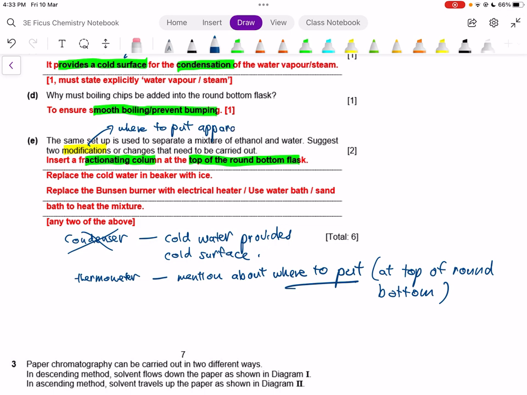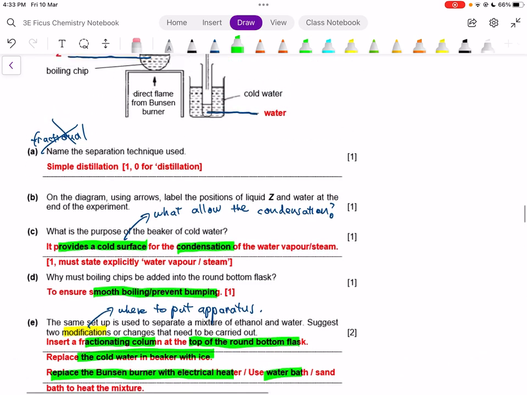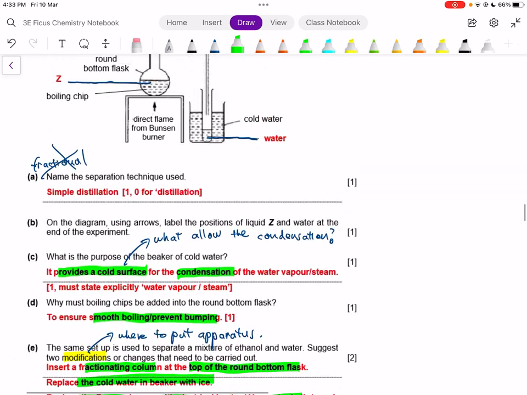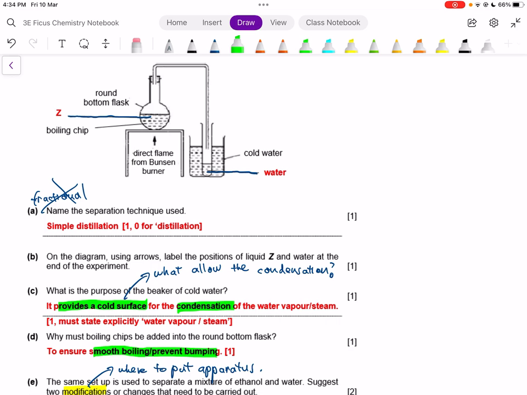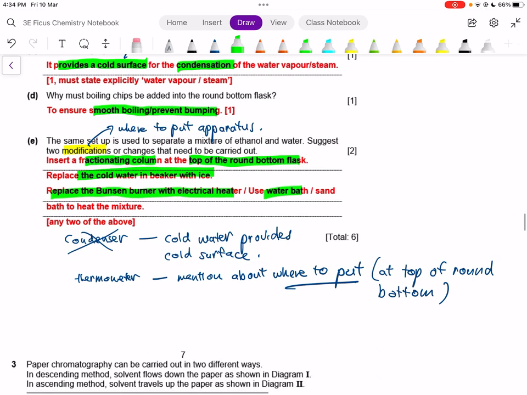The question is asked this way, you cannot just say add one more fractionating column without telling me where you put it. Other possible ones are replace the cold water in the beaker with ice, replace the Bunsen burner with an electrical heater or water bath, to prevent direct heating, because the problem here is the direct flame.